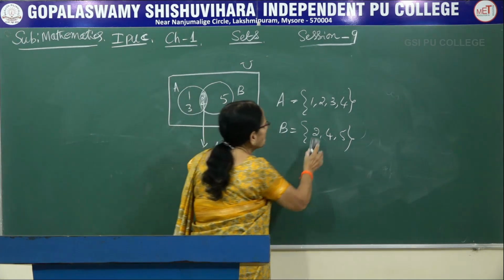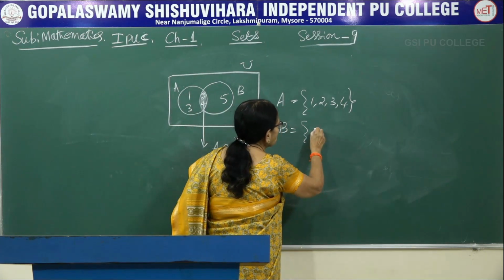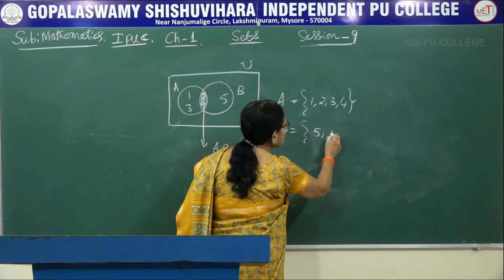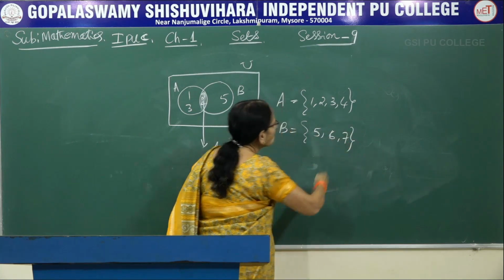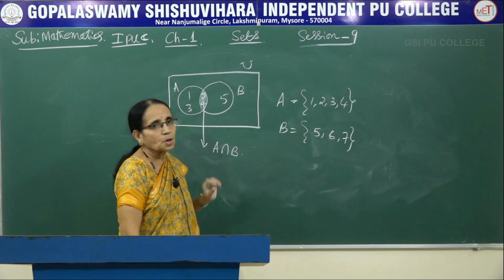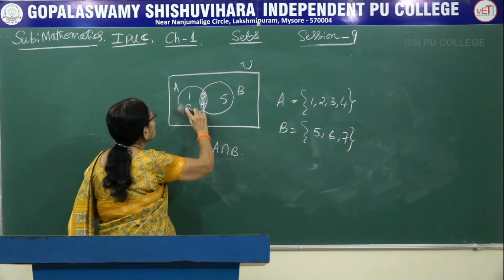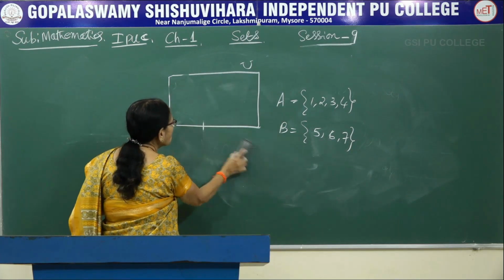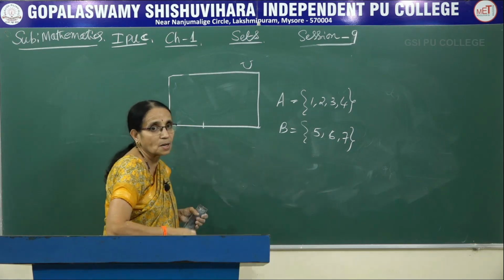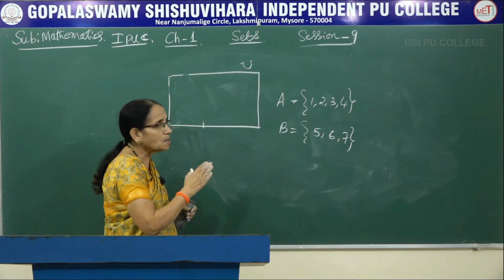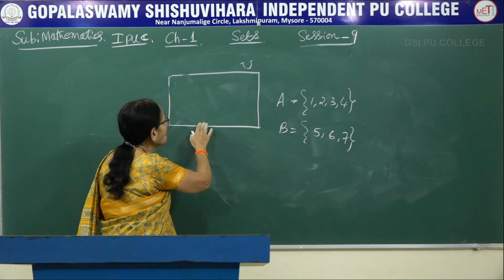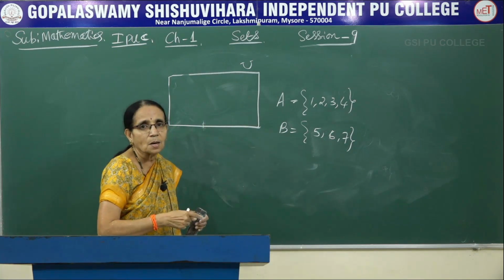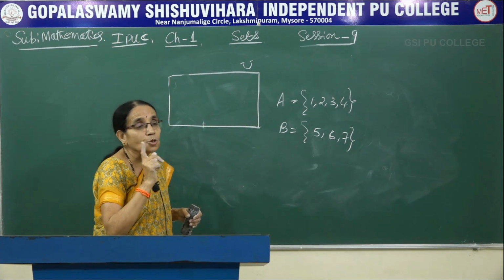Suppose the sets are like this. Look here. A contains 1, 2, 3, 4. B contains 5, 6, 7. Correct? Is there any common element? There is no common element. That means A intersection B doesn't contain any element. What do you call them? They are called disjoint sets.